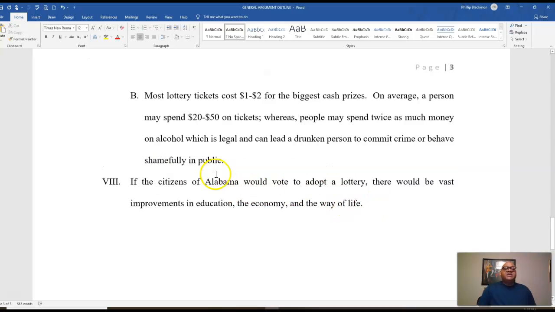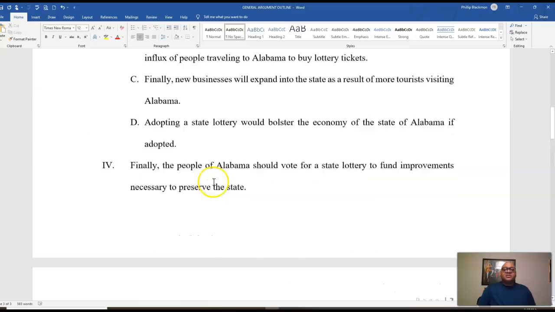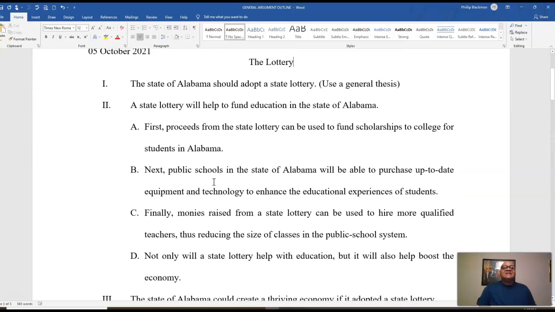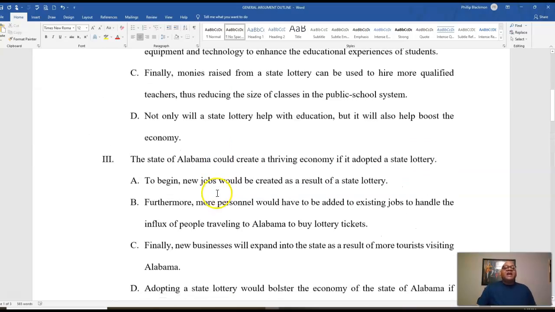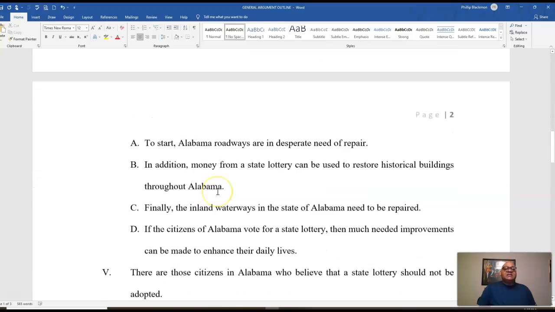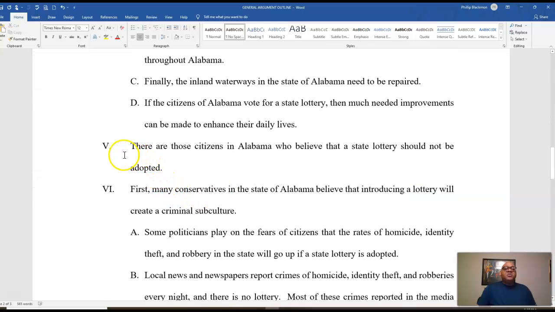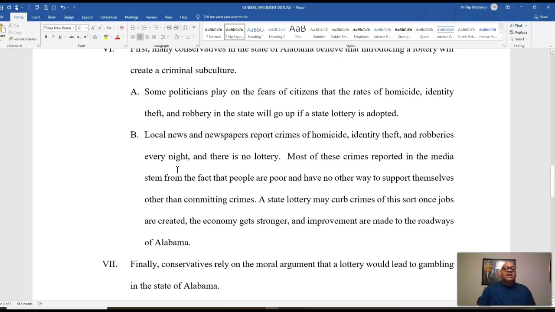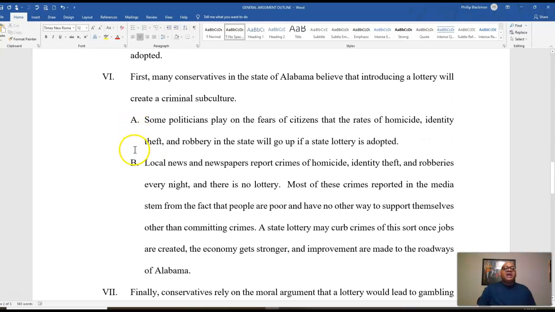There are no alphabets under that. So make sure that you are paying attention to this outline. If I don't have ABC under Roman numeral number 5 here, you should not have ABCD under Roman numeral number 5. If I only have A and B under Roman numeral number 6, you adding a C and a D under Roman numeral number 6 is only going to cost you points.